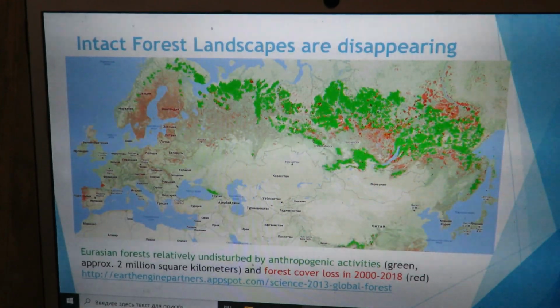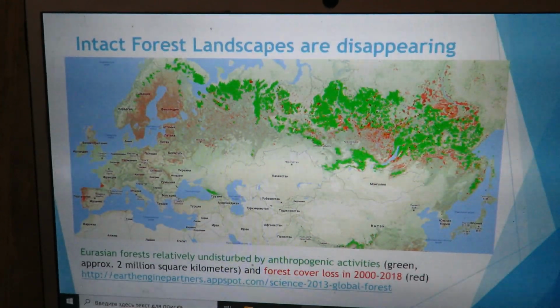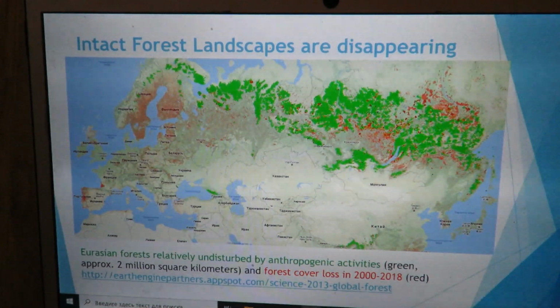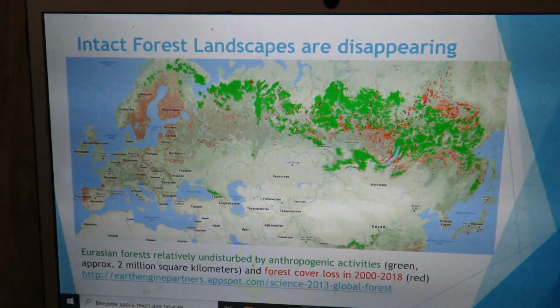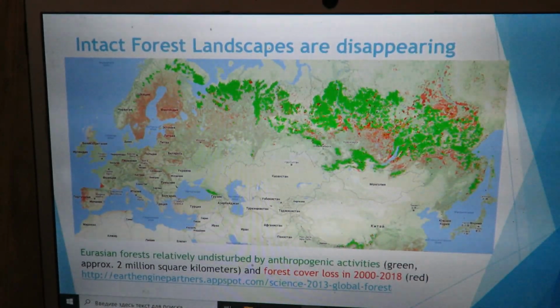Here in this map we can see the relatively undisturbed forest landscape shown in green.